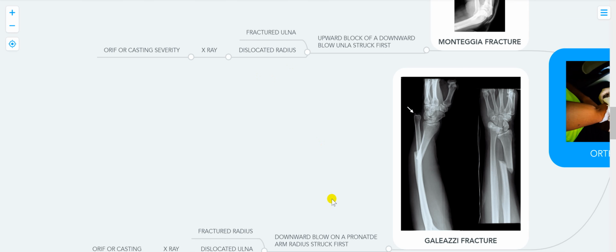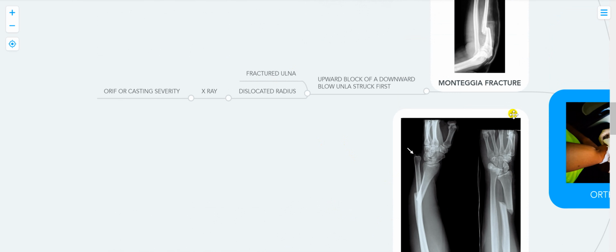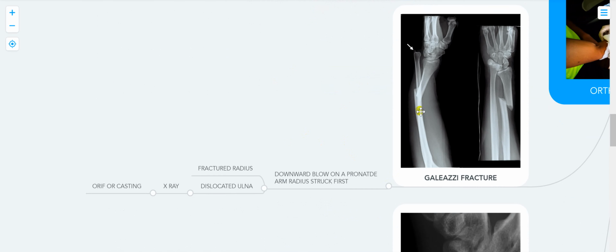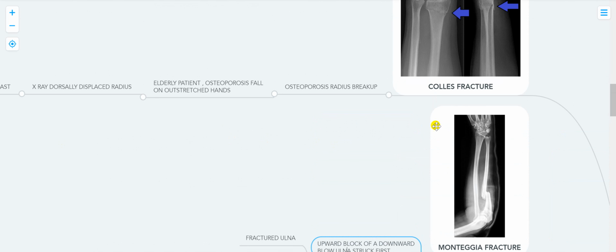But anyway, you just have to find a way to remember them. Galeazzi radius, Monteggia ulna. Let's call it ulna. Yeah, it has an N, but just AL-NA. So N is Monteggia, Galeazzi is a radius. Okay, both open reduction and internal fixation.